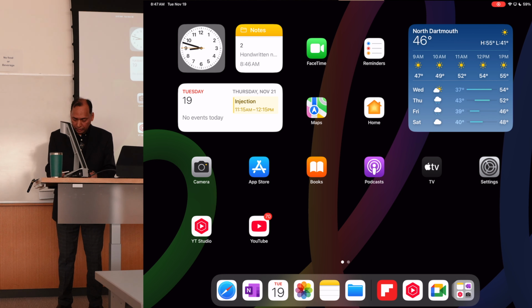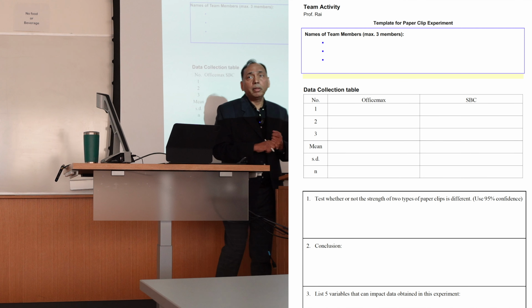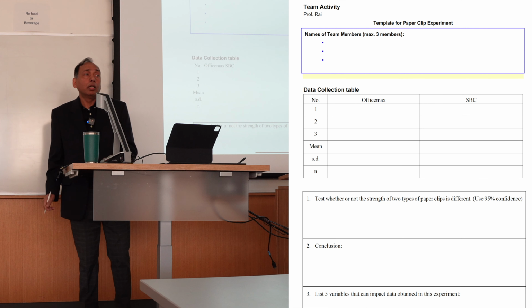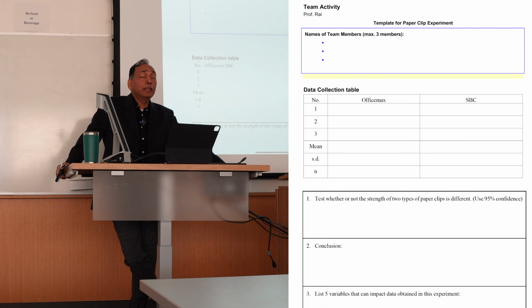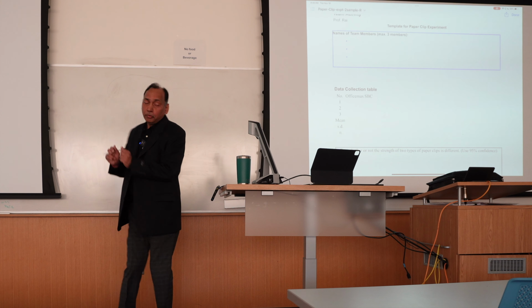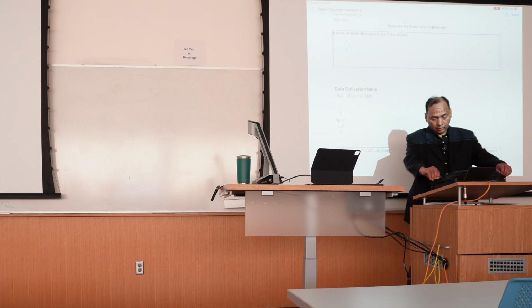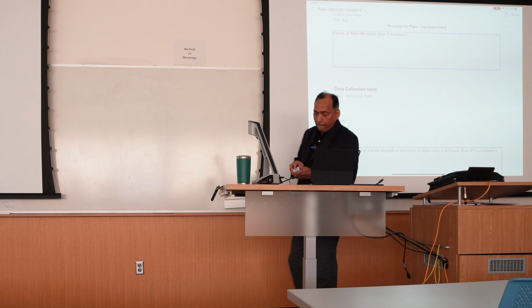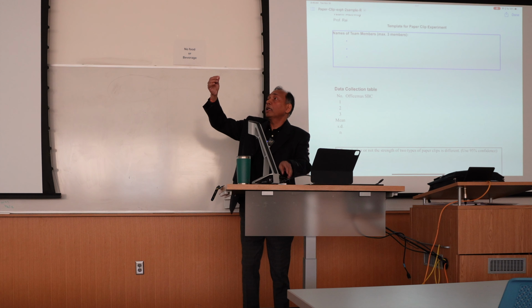Let's do one activity. We'll use 2 brands of paper clips, one Office Max and the other SBC. You can treat them as 2 products coming from 2 different companies, and for some reason you want to test their strength, so you will compare the strength of the two paper clips. So this is a paper clip.